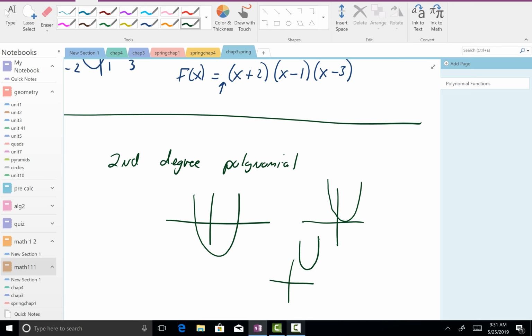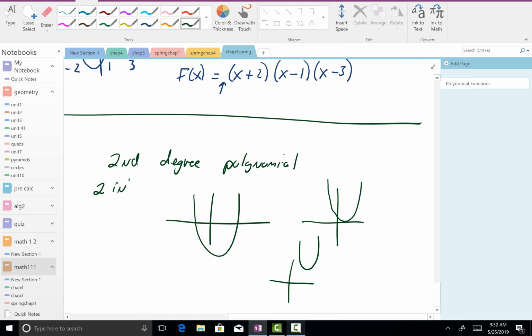How many x-intercepts does this have? So a second degree polynomial could have 2 x-intercepts, 1 x-intercept, 0 x-intercepts.